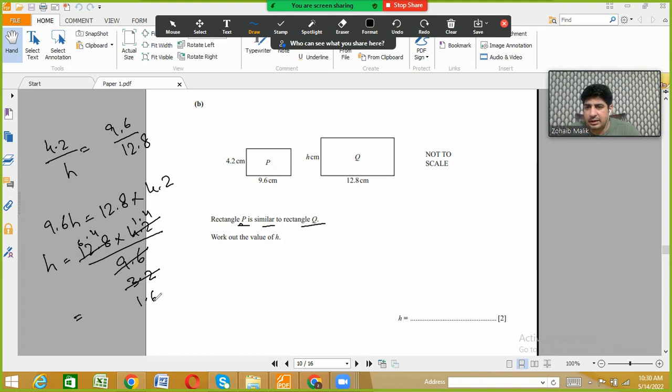Again, I can see that 16 4s are 64, so 1.64 would be 6.4. So it means finally what is left is 4 into 1.4. Now 14 into 4 would be 56. Because there is one decimal value, this would be 5.6.